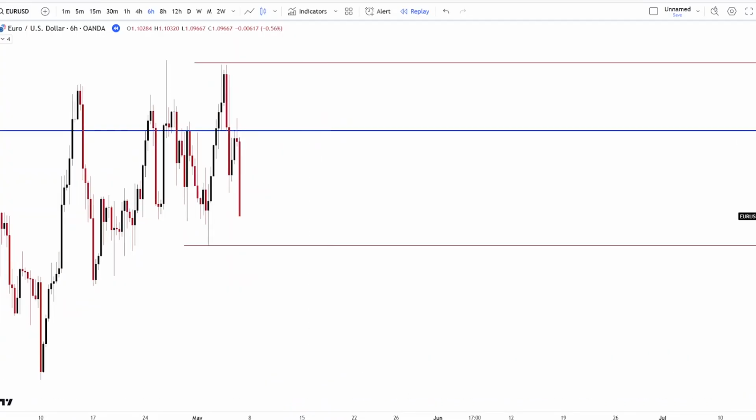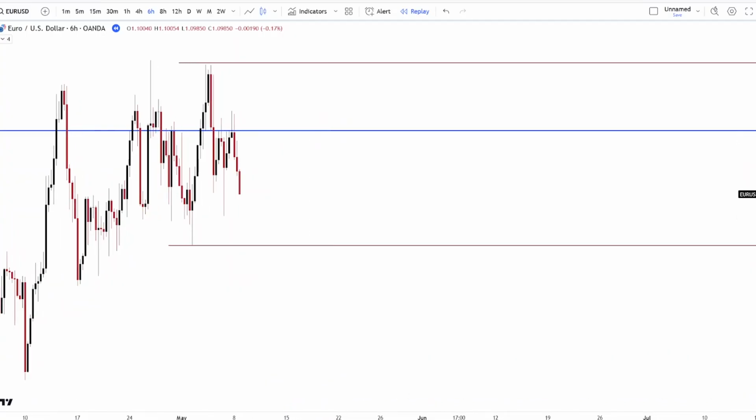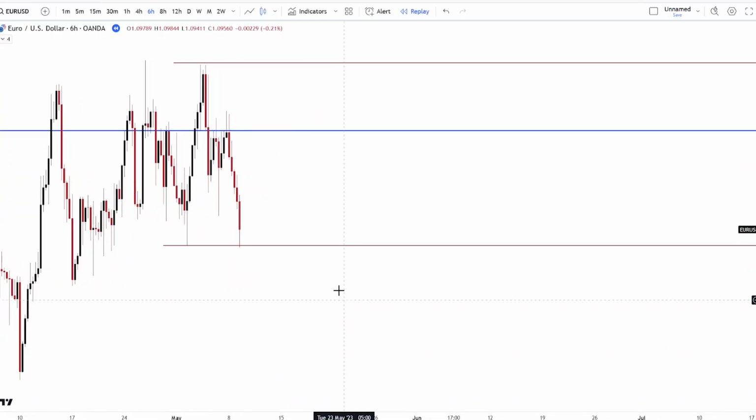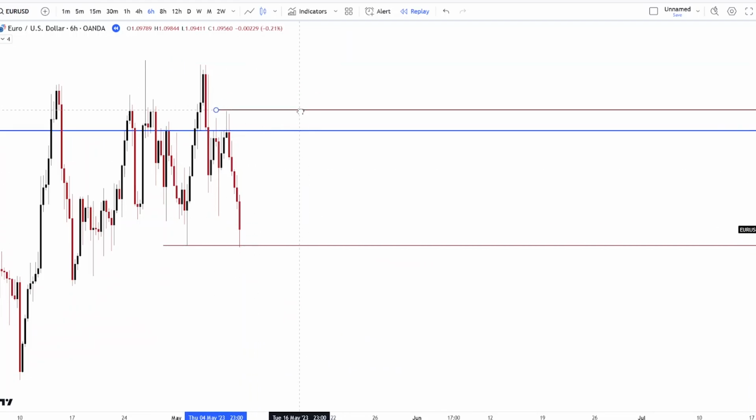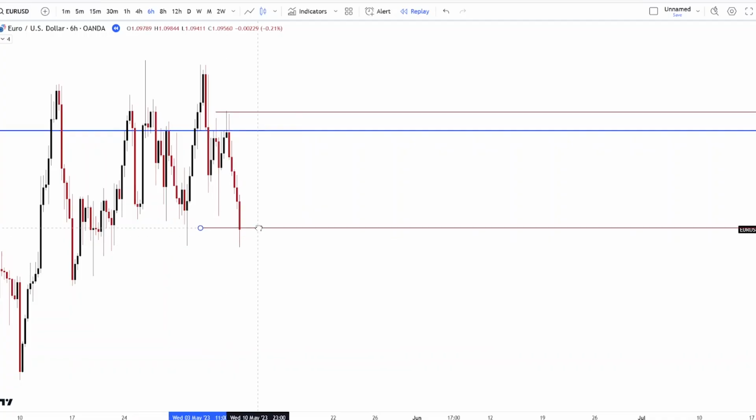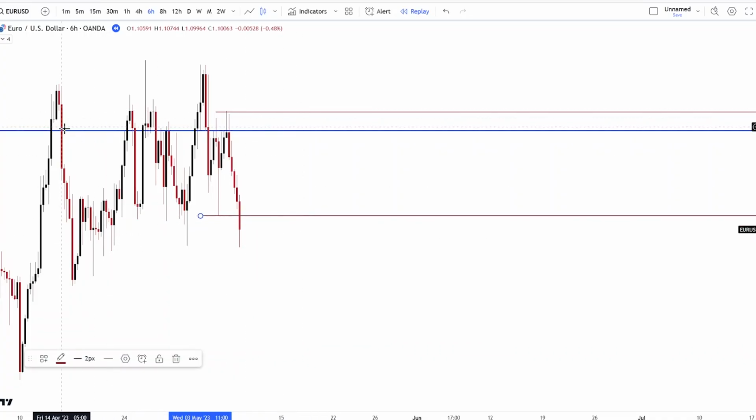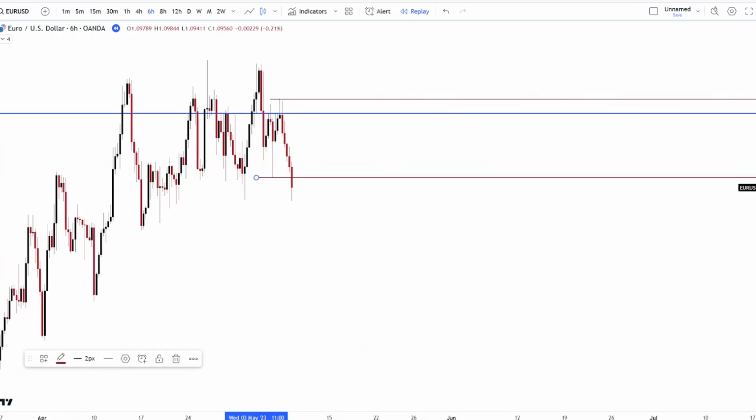So let's wait for a break of structure. So now we have a break of structure. So where's our range? This swing here, and our previous swing was this swing. So again, if price does come back inside of the range, you're waiting for an entry.